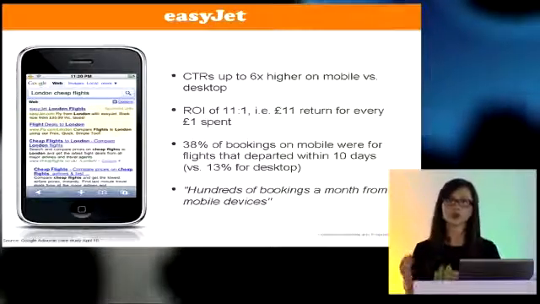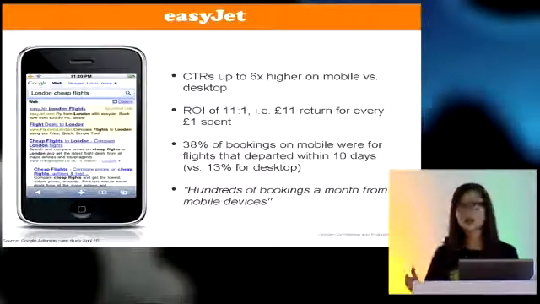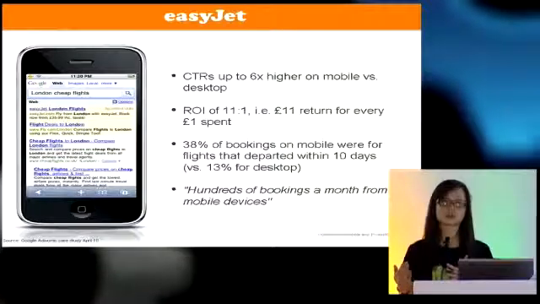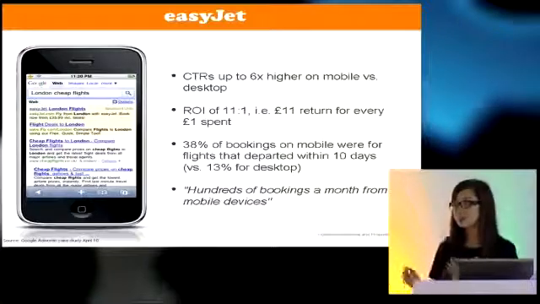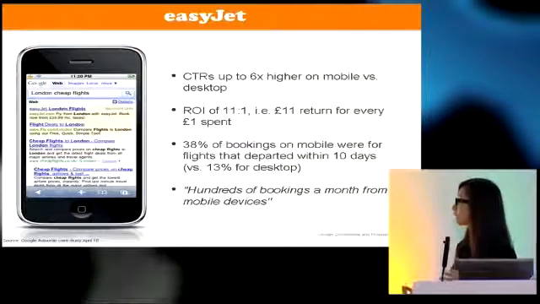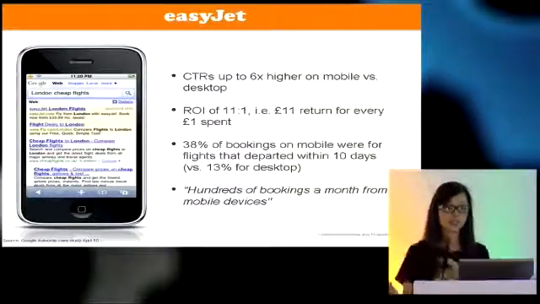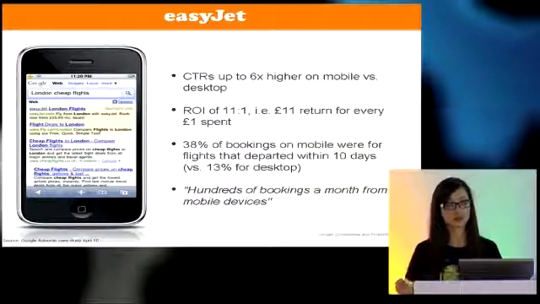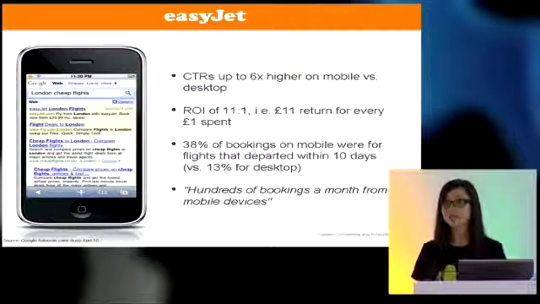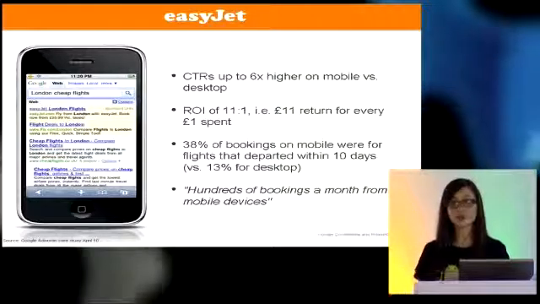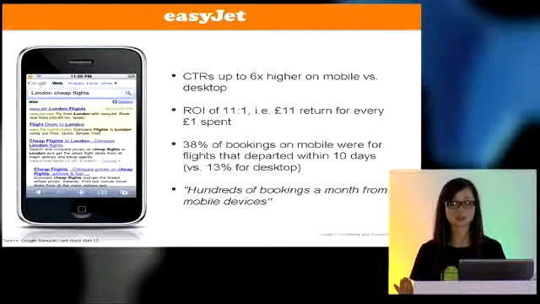And what they saw was staggering. A 6 times higher click-through rate, so people clicking through the ad, an ROI of 11 to 1, and 38% of bookings on mobile were for flights that departed within 10 days versus 13% on desktop. And the end of the story is that they've now been able to sell in the idea of a mobile website and are currently developing that.